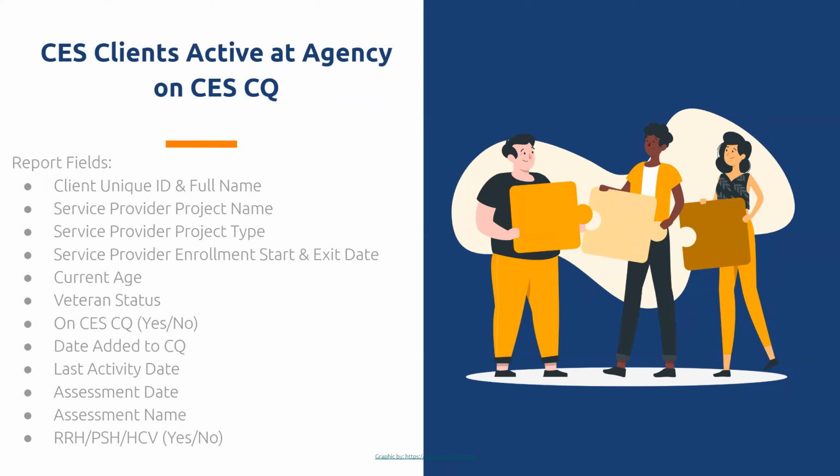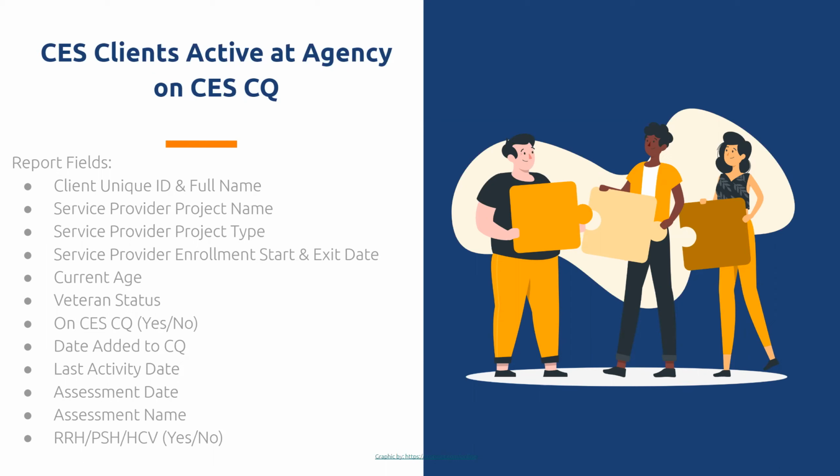And then when you're reviewing this specific report for the clients active at agency on this community queue, the fields that should be focused on are the client's unique identifier and full name, the service provider's project name, the service provider's project type, the service provider's enrollment date and exit date, the current age, their veteran status, yes or no to whether they are on the coordinated entry system community queue, the date they were added to the community queue, the last activity date, the assessment date, and the assessment name.